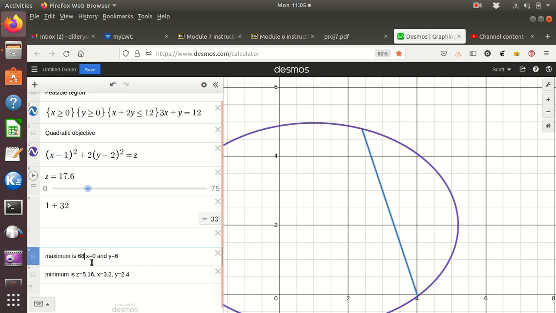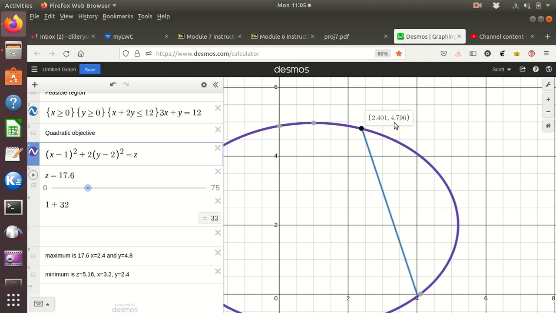So in this case, the maximum is 17.6, and x was 2.4, and y was, I think, 4.8. I'll click back there and see again. I think it was 4.8. About, yeah, so rounded, that's about 4.8.